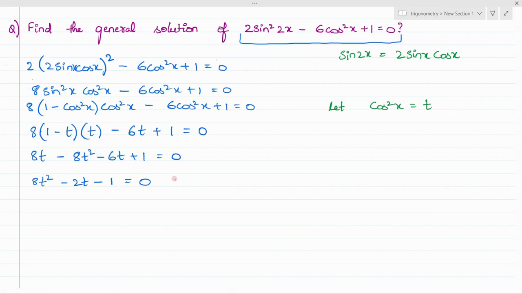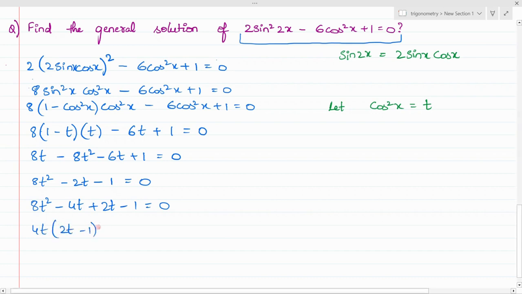Now split the middle term, like in general, it is in the quadratic equation, right? So it can be written as 8t square minus 4t plus 2t minus 1 is 0. Take 4t common, it becomes 2t minus 1. So we'll get 2t minus 1 into 4t plus 1 is 0. Again, we'll get two cases over here.